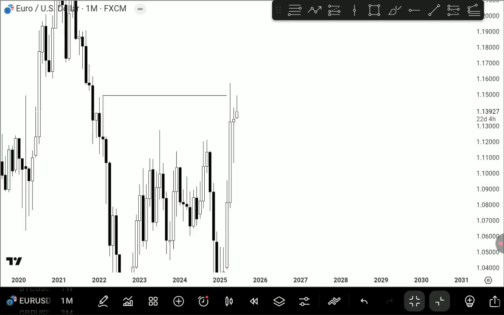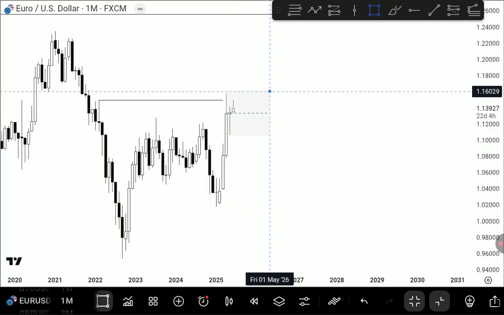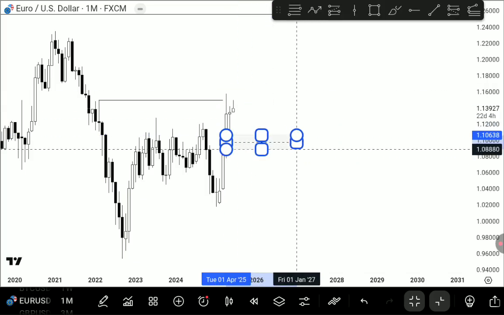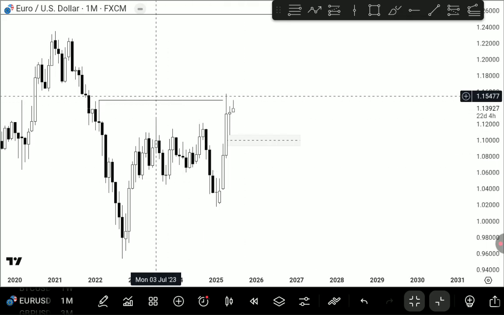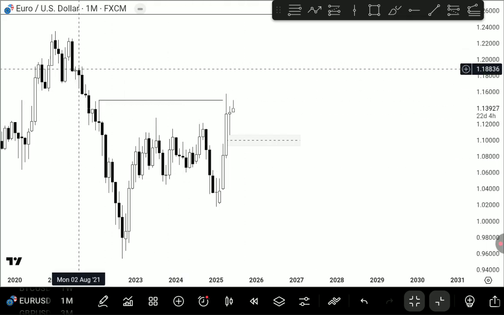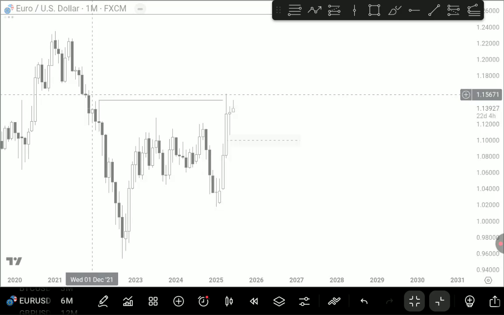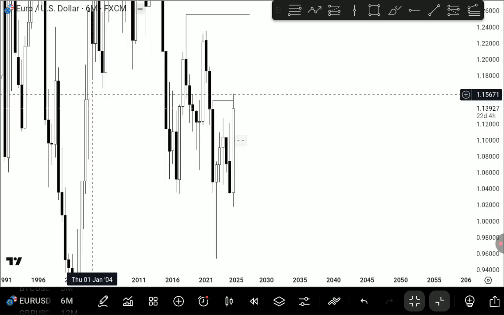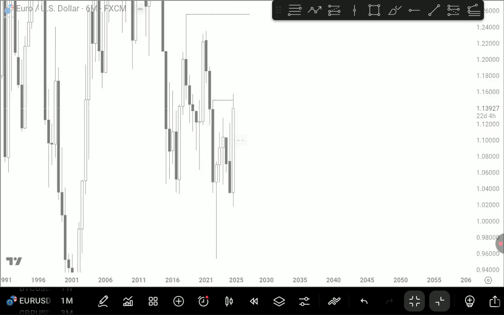So your bullish fair value gap on the monthly is nothing compared to the bearish fair value gap on the what? On the 6 months time frame. Yes.